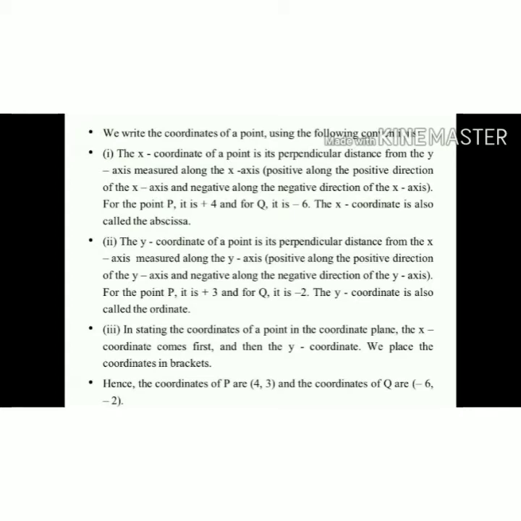The conventions for writing the coordinates are: for the x-coordinate, the perpendicular distance from the y-axis measured along the x-axis. For the y-coordinate, the perpendicular distance from the x-axis measured along the y-axis. Hence, the coordinates of P are (4, 3).